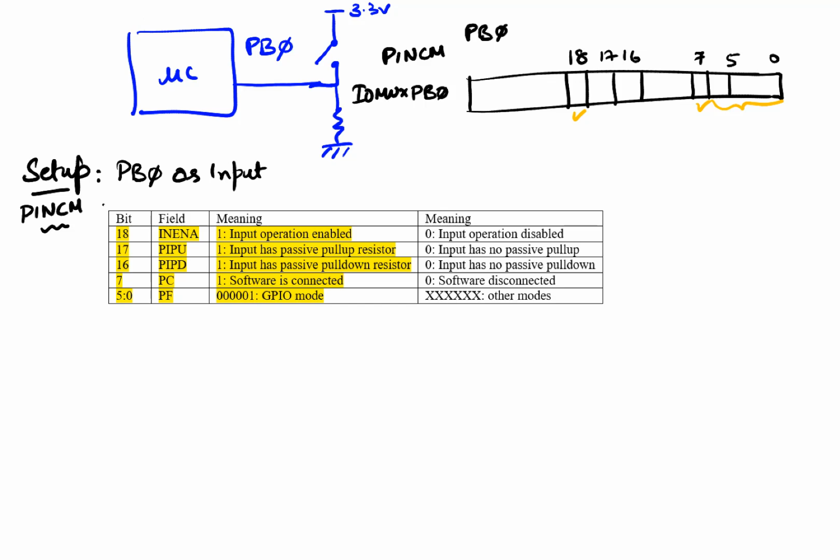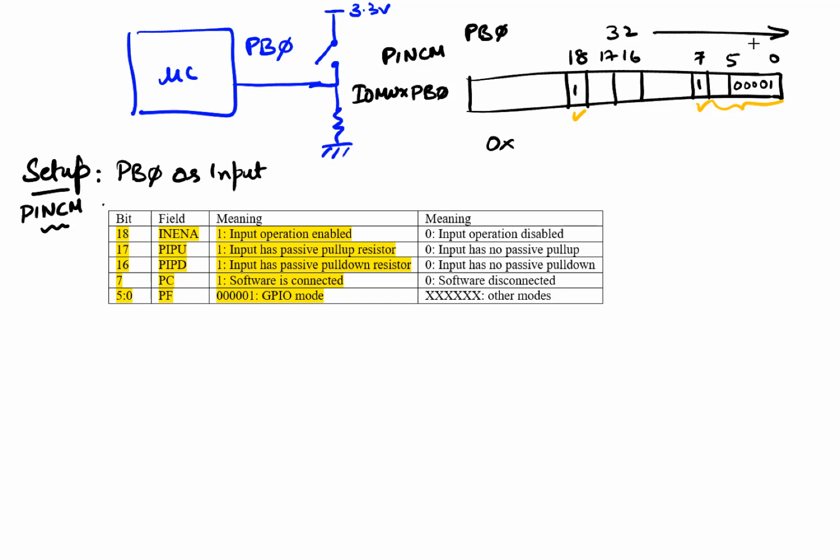So for us, since we are making this 1, that's going to be a 1. This is going to be a 1. And again, we are doing GPIO mode, so that's going to be 0, 0, 0, 0, 1. Okay. So we're going to create a value for this. The value that we're going to write is going to be in 32 bits.